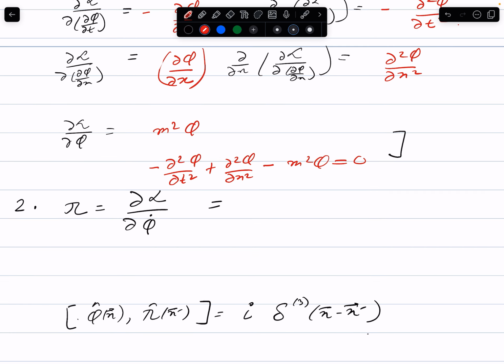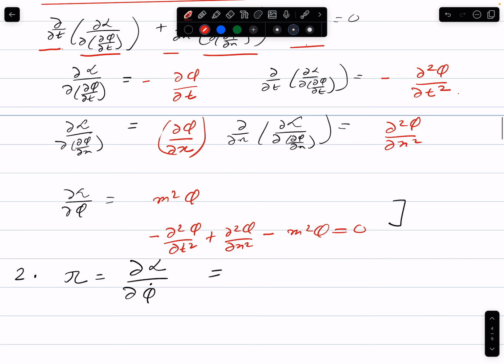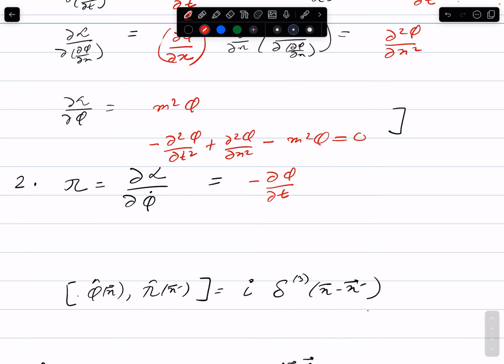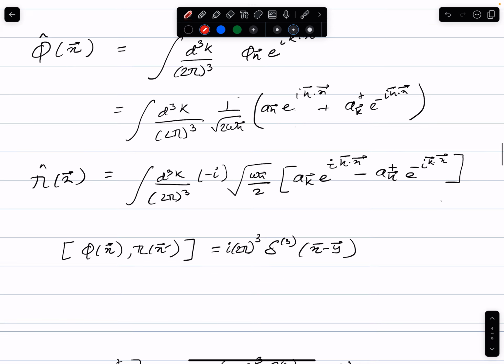Okay, so what is pi, which is the conjugate momentum, del L over del phi dot? We already calculated it here, right? This is pi, so this is minus del phi del t, and then you can write down the classical Hamiltonian density. Did I write it down somewhere?